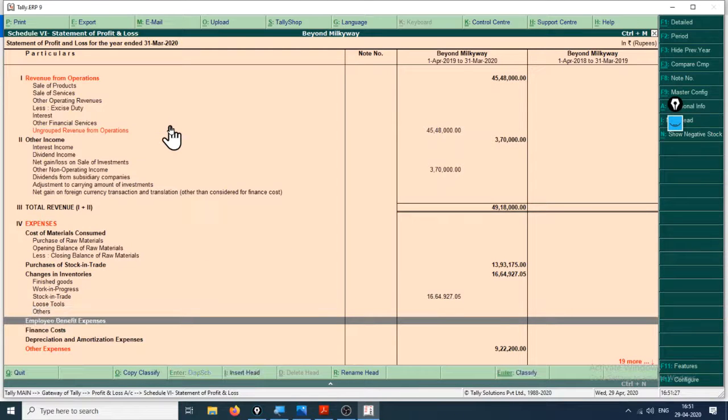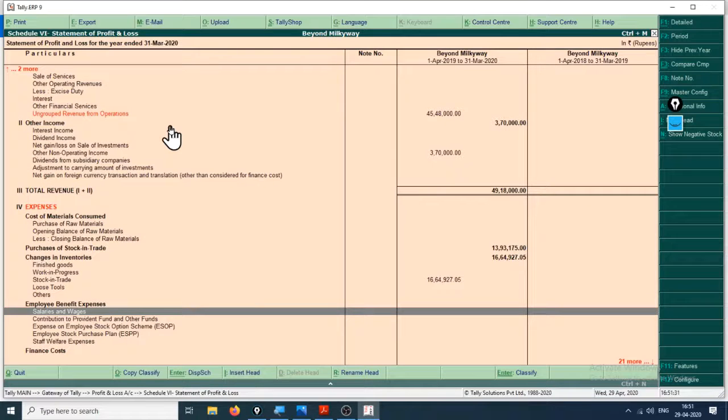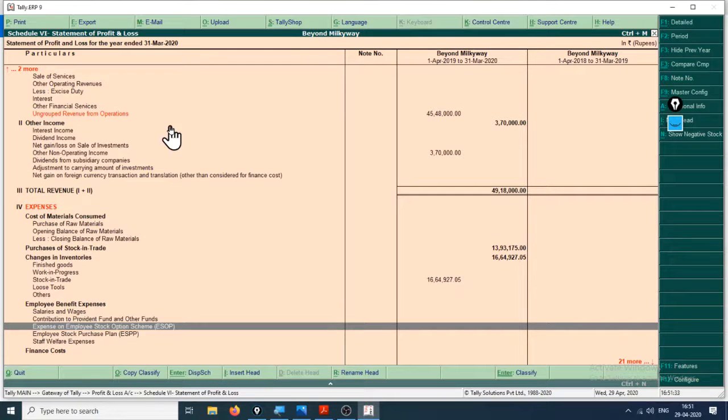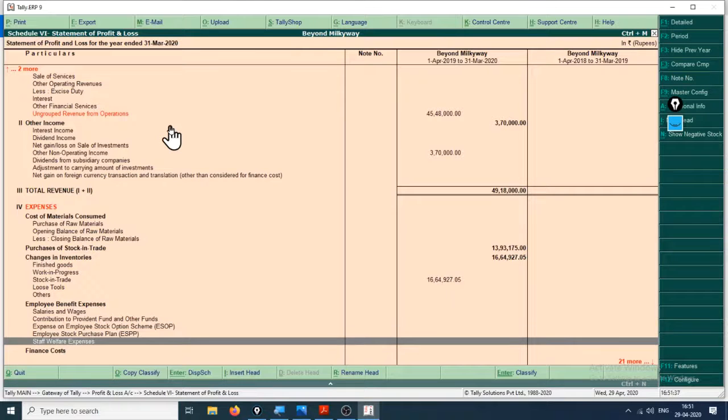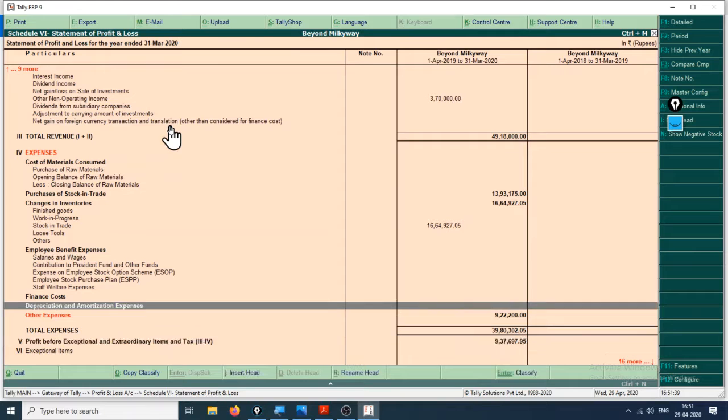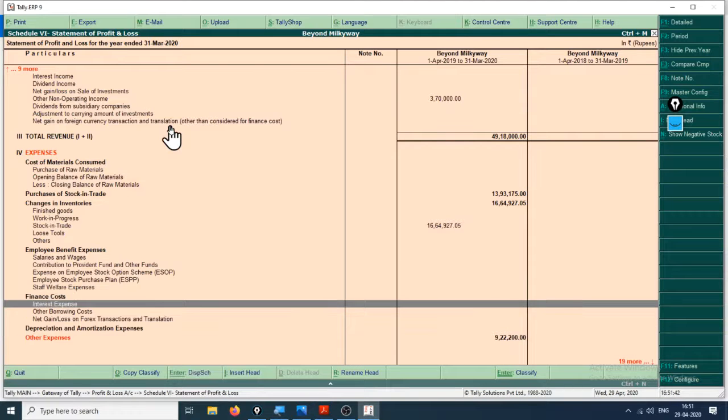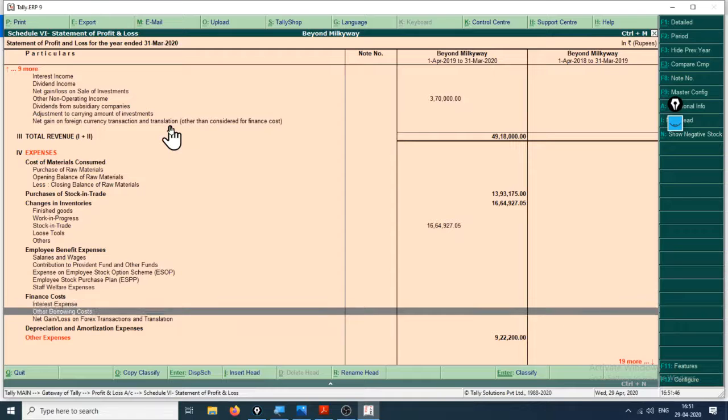Employee benefit expense, suppose you enter the salaries or salary and wages, you can see right here. Provident fund, employee stock option plans, employee stock purchase plan, staff welfare expenses. Finance cost is the interest that is paid to the banks for the loan, or the interest that is paid to the relatives or to anyone that is unsecured.